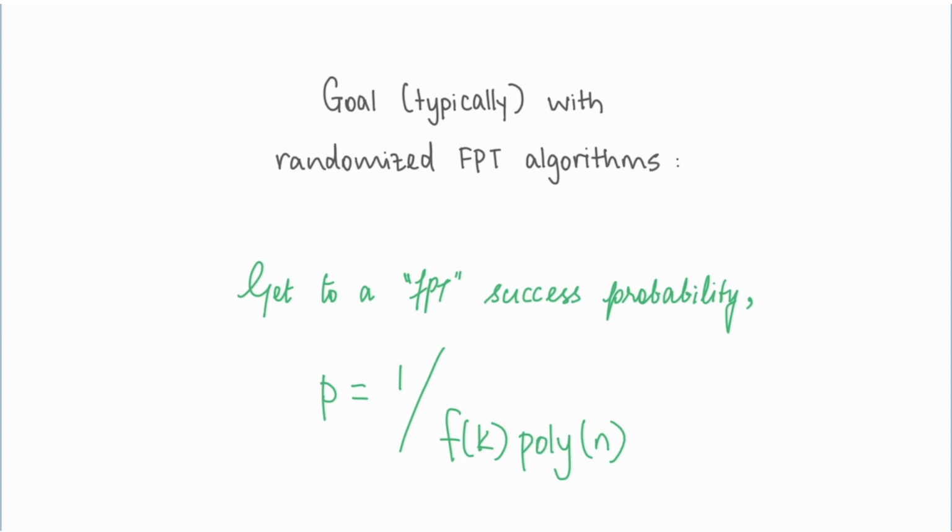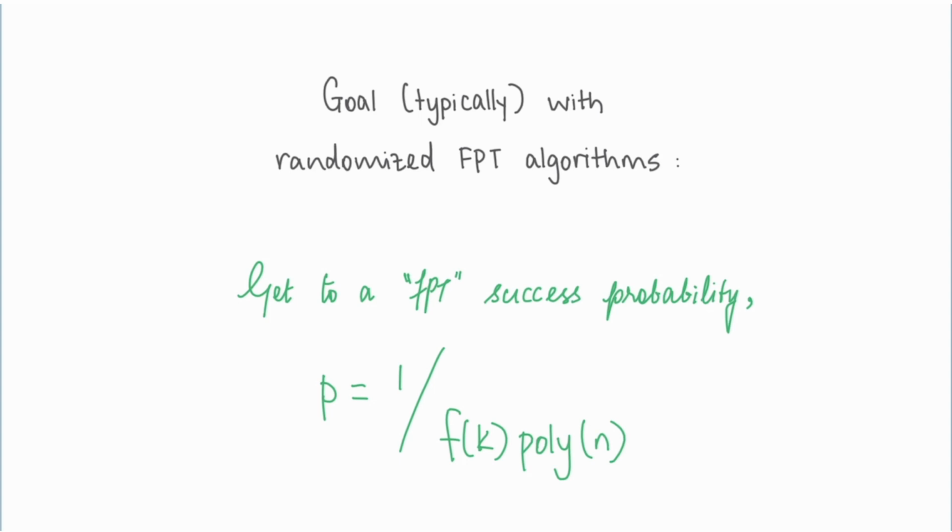If we run it so many times, then we get an algorithm that has an overall constant error probability, and that's going to be our gold standard in the context of this discussion. If we get there, then we are going to take that as pretty much a job well done. These are the kind of algorithms that we will be designing throughout this week.